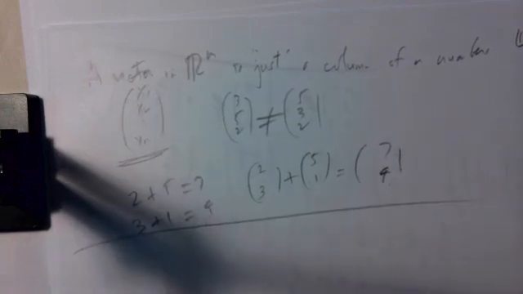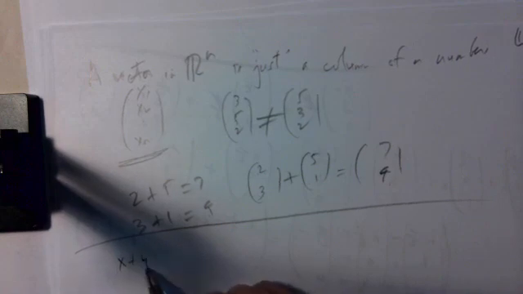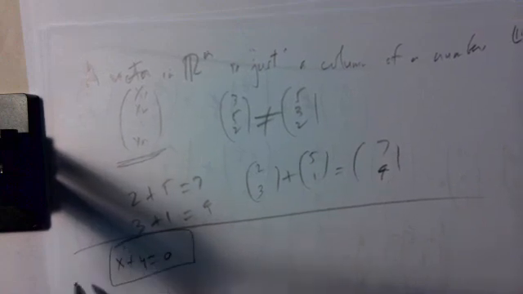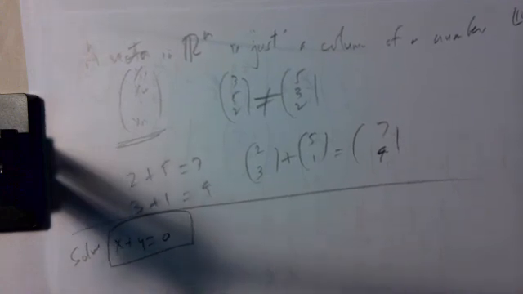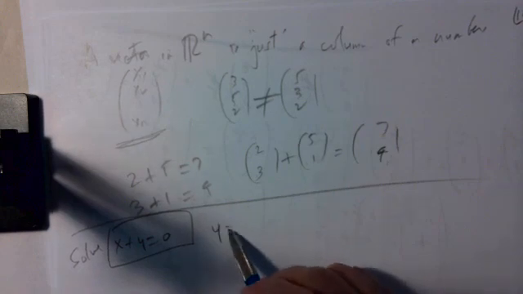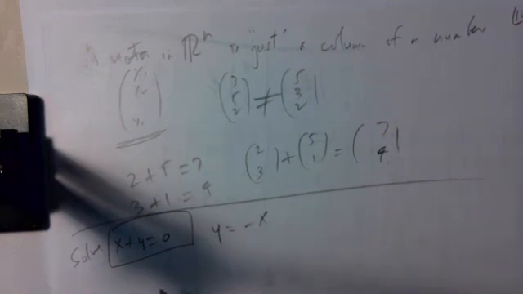Let me do one more example, and then we'll stop for the morning session. This is the first homework problem, I think. Solve the equation x plus y equals 0, and we want to write the solutions in vector form. So in this equation, for any x, y has to be minus x.